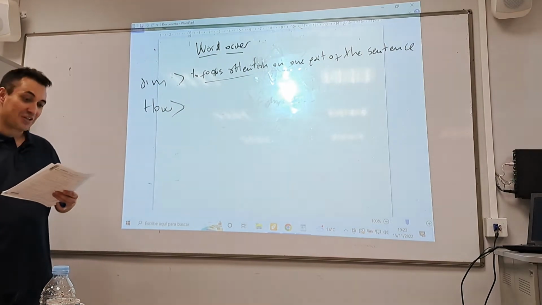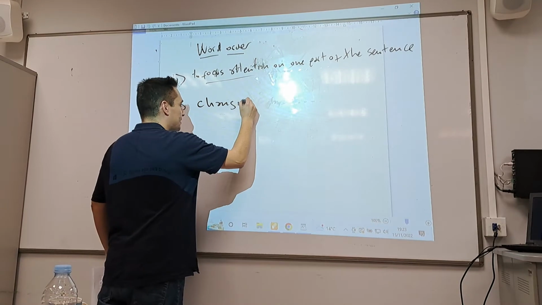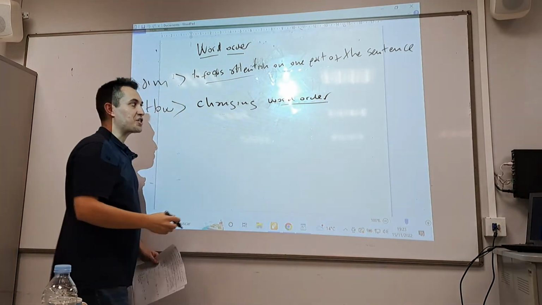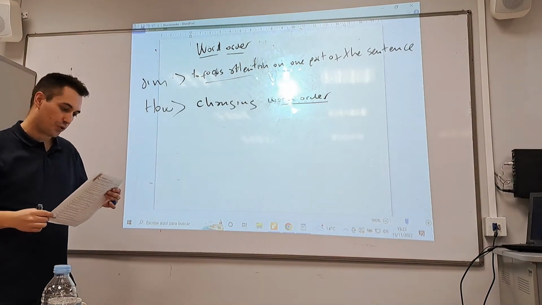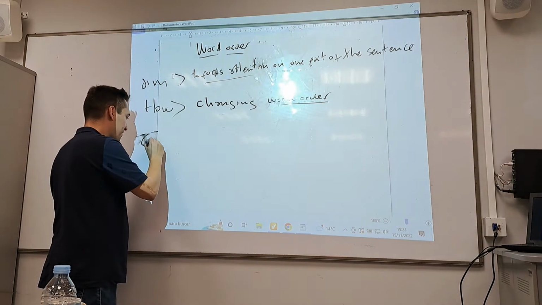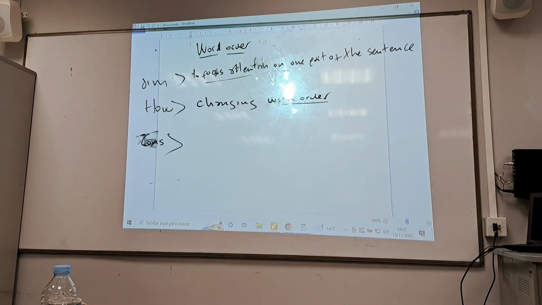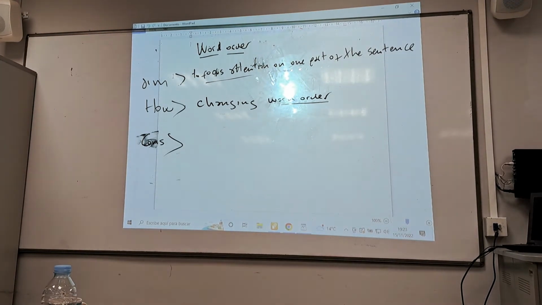Changing the order, changing the normal position of words. In other words, changing word order. And what are the consequences of doing that? Are there any consequences to the structure of the sentence?